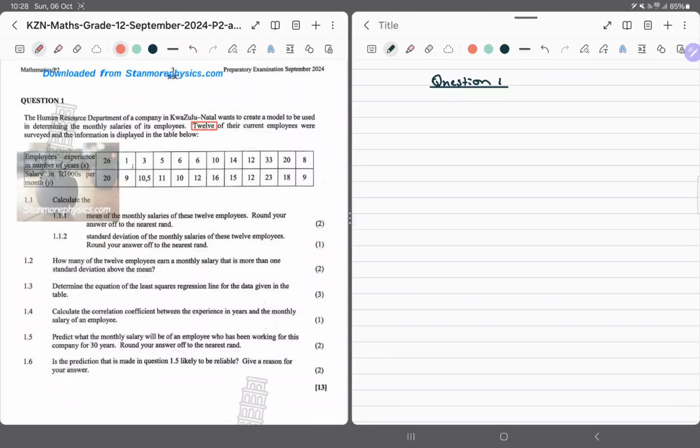So obviously for x, we've got 26 equals, 1 equals, 3 equals, 5 equals, 6 equals, 10 equals, 14 equals, 12 equals, 33 equals, 20 equals, then 8 equals. So we've got 12 entries here, but why do I have 11?